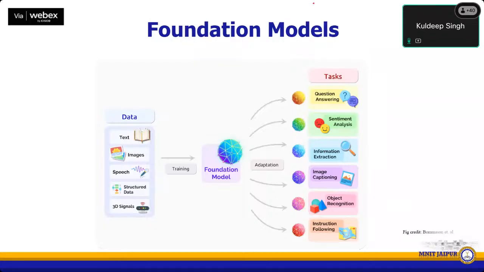Like you can see in this diagram here, the foundation model is trained on a variety of data like text, images, speech, structured data, or 3D signals. Once this foundation model is developed, we can adapt it to perform various tasks like question answering, sentiment analysis, information extraction, captioning of images, recognition of objects, or following certain instructions, and so on.